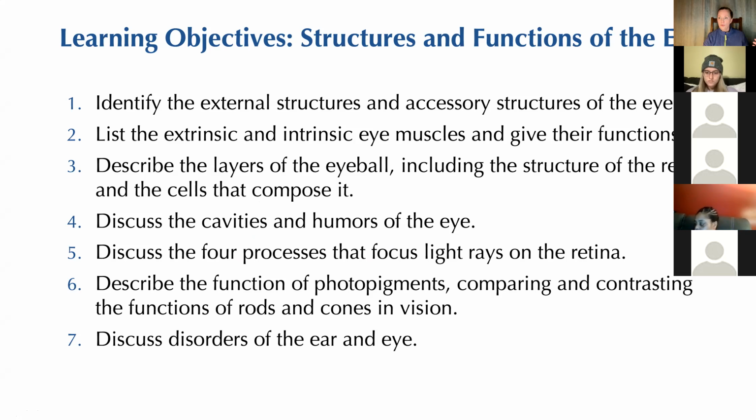Then we'll go through the eye muscles that move the eye. And then we'll look at some of the more internal muscles, things that control the pupillary diameter. We'll go through the tunics of the eye, or the layers of the eye. And then we'll discuss the cavities, the chambers, the anterior chamber and posterior chamber of the eye.